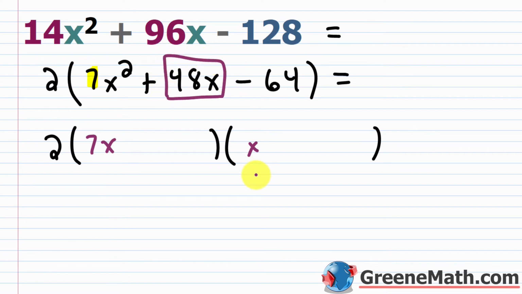Now, there's a couple of things that will speed up the process. Remember, if you have a negative at the end, that comes from this times this. So that means one has to be positive and one has to be negative. If this were positive, then you'd either have 2 negatives or 2 positives. So we can use this to our advantage. If we have a negative product in the end, then you want to try out the factors and you want to subtract.